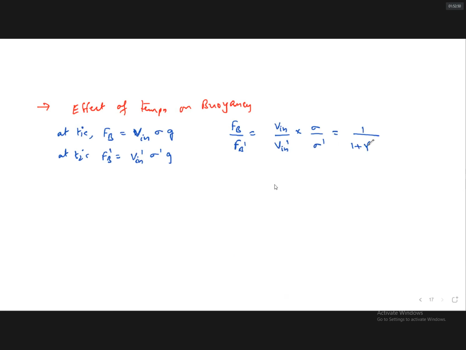Therefore, 1 plus gamma solid into delta theta. And here the density of the liquid we write as initial density by 1 plus gamma liquid into delta T. So we get 1 plus gamma L delta theta by 1 plus gamma S into delta T. Generally, the expansion of the solid is less than the expansion of the liquid.